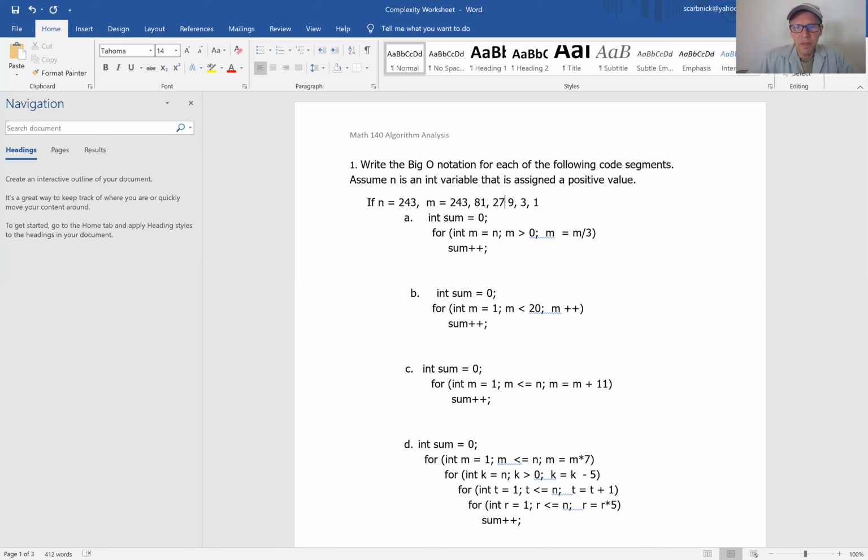So basically, it's log of n. The number of iterations is actually log of n plus 1, because we have to look at the value of m where it fails. So it's about log base 3 of n.